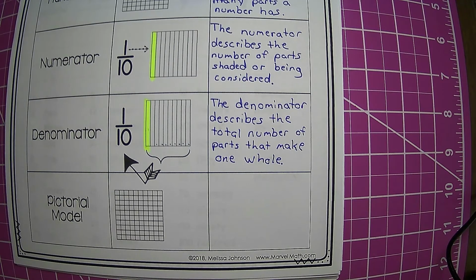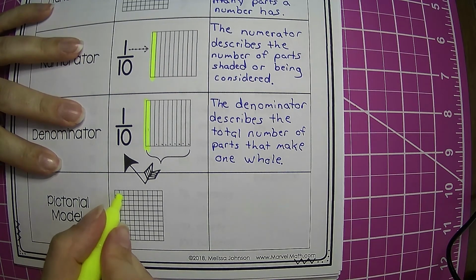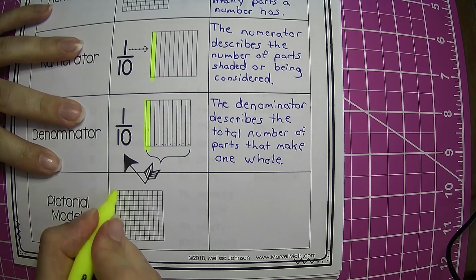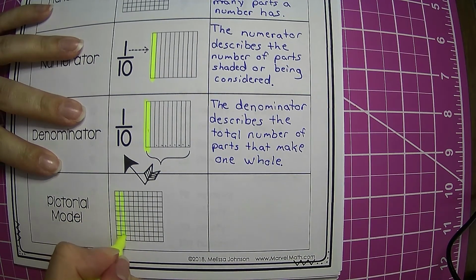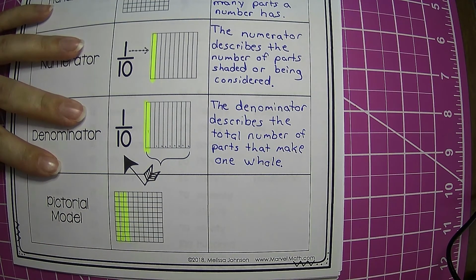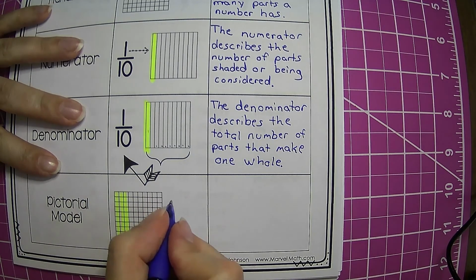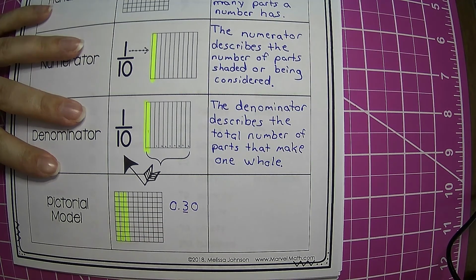Okay. So now we have a pictorial model. That is a model that represents a number with a picture. On my hundredths grid, I'm going to do 10, 20, 30 hundredths, or 1, 2, 3 tenths. I'm going to represent that with 0 and 30, or 30 hundredths, or 3 tenths.